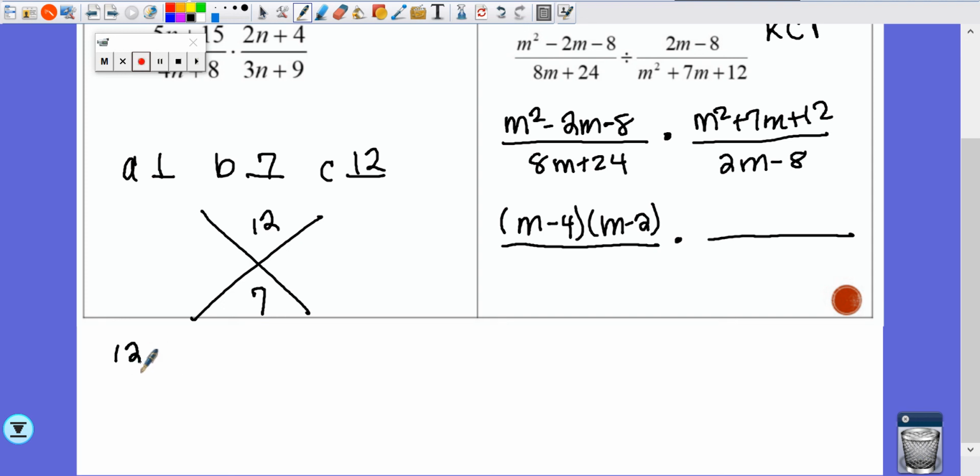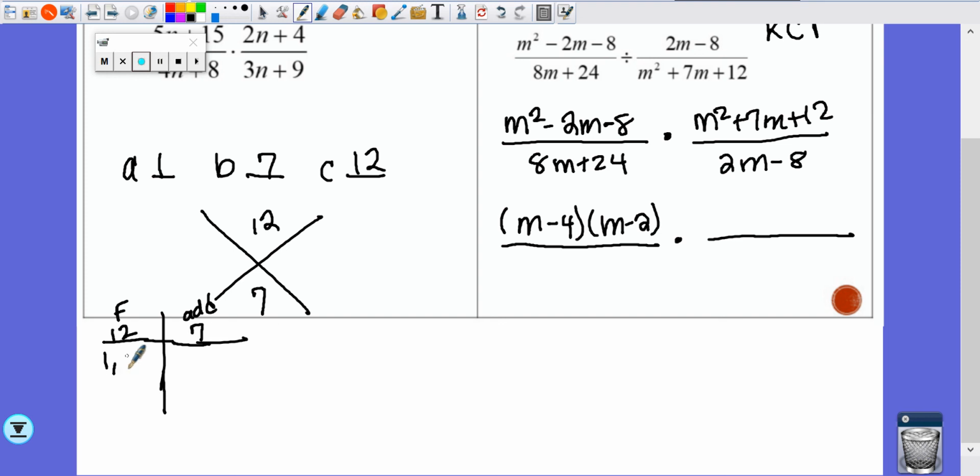So I'm going to do the factors of 12, and what do they add to? Factors of 12, and we're trying to find those that add to equal 7.